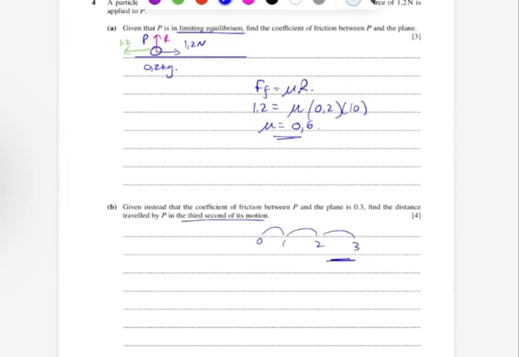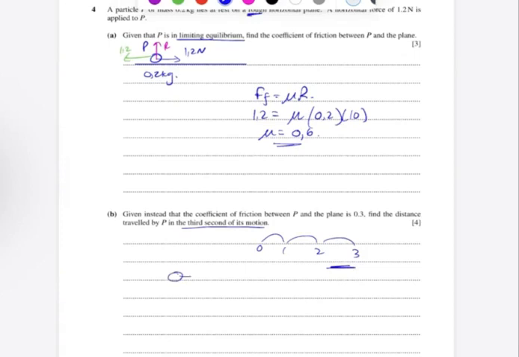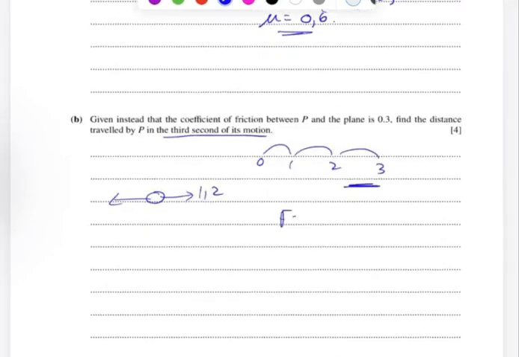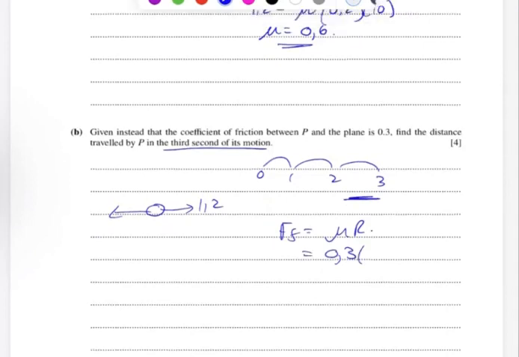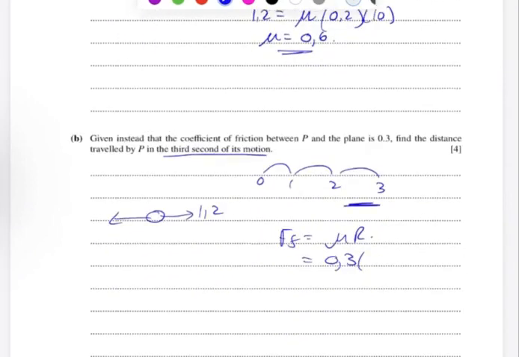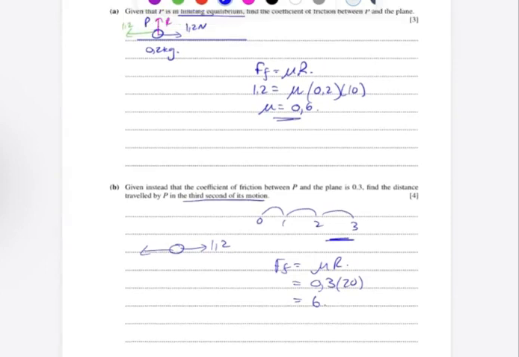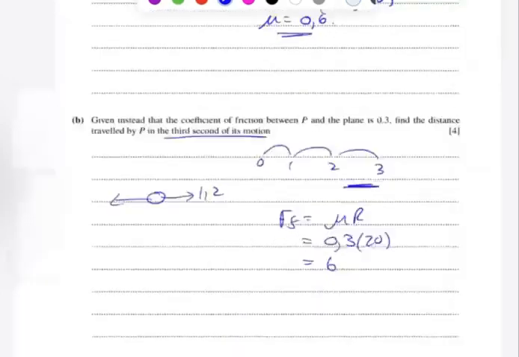Okay, right, so now we know it's been pulled forward by 1.2, but it's not going to be able to resist as much. Okay, so we know it's 0.3, and then our R stays the same, which is just 2. So our frictional force, I shouldn't say 20, that doesn't make sense.